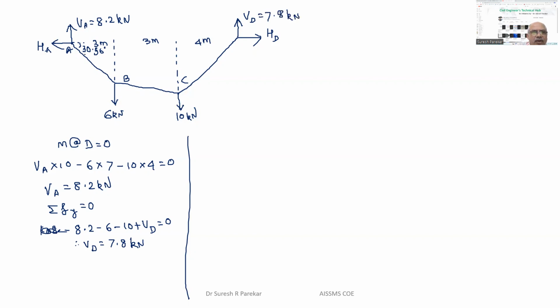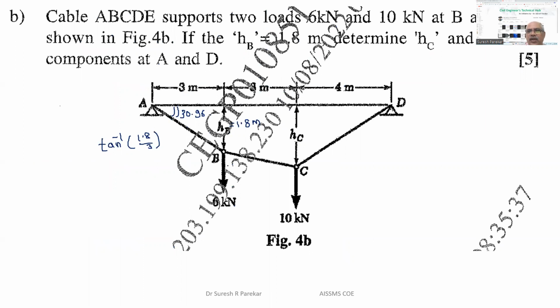Now we can find the value of tension in the cable. Already I explained it in the last example. So we will consider joint A, this is 8.2 kilonewton. This we have HA. And then we have this force which will be TAB. Angle is 30.96. The question is to determine reactions and HC.